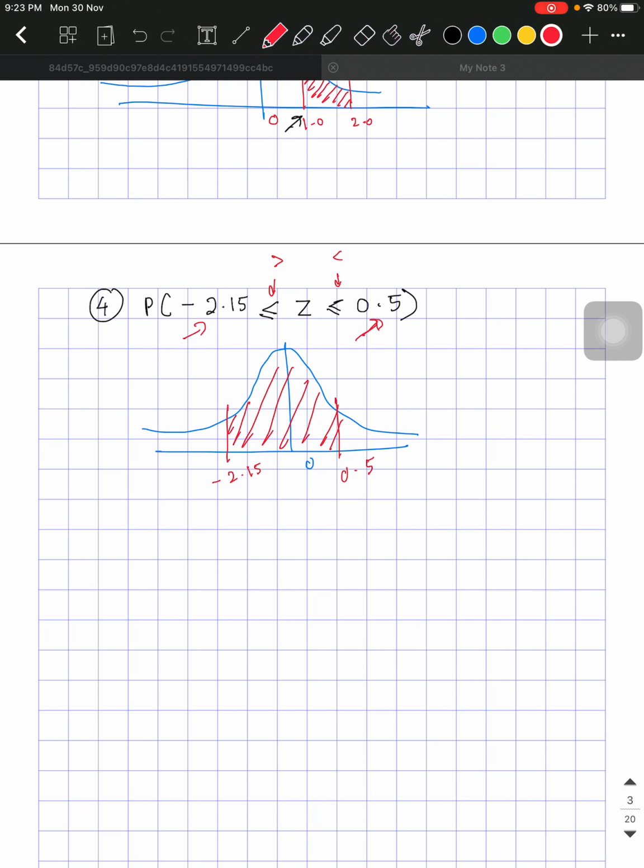Okay, and then equal to, so you need to find this section.